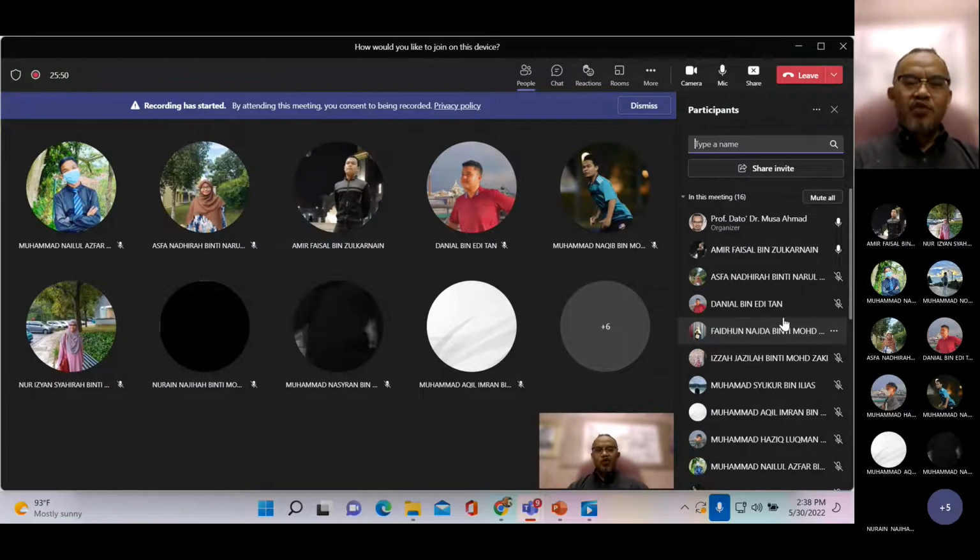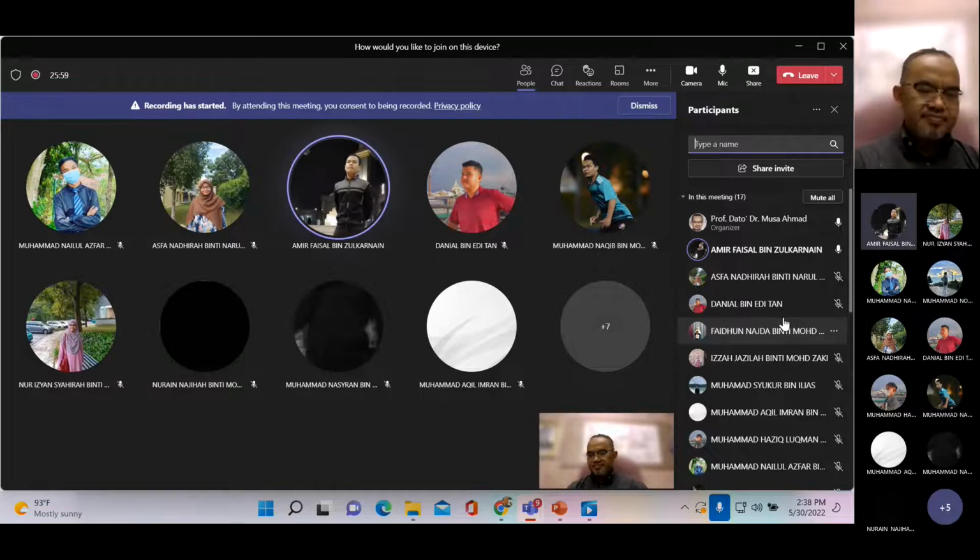Video tu ada berkaitan dengan UV visible, okay? UV visible spectroscopy. Anything you want to ask about UV visible spectroscopy? Tahu tak UV visible tu guna untuk apa? And absorbent. Okay, absorbent tu apa? Kadar penyerapan cahaya oleh molekul.